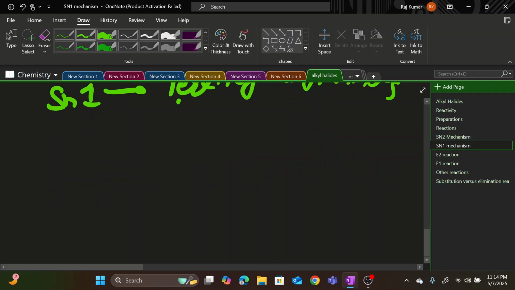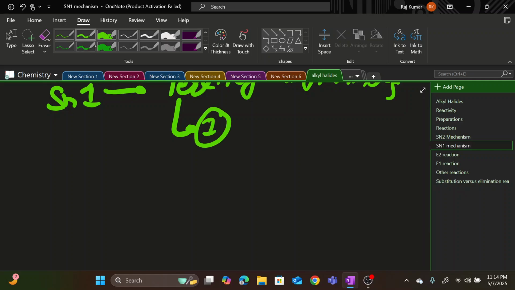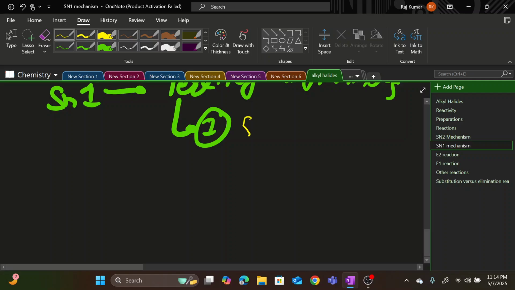there are basically two reasons. Number one reason that I'm going to write over here is the inductive effect.